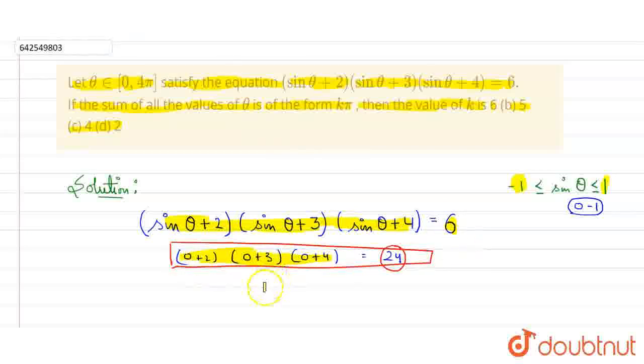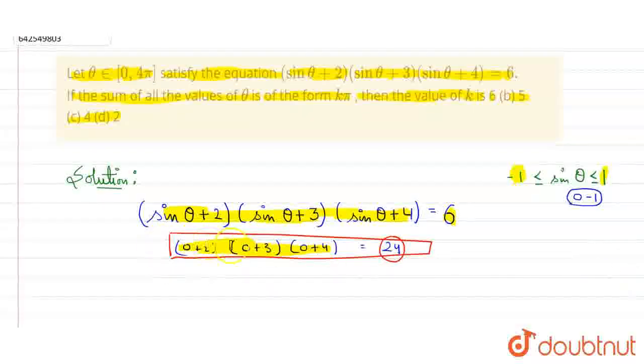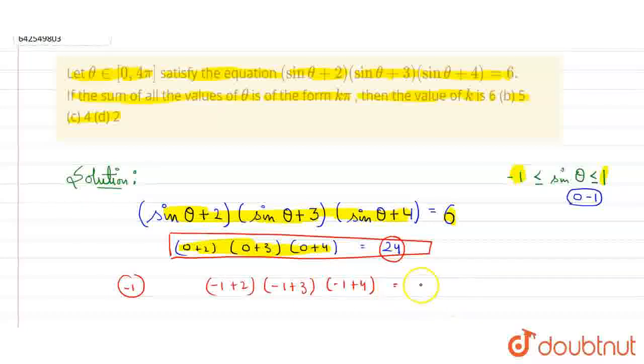So basically what I concluded from here is that my sin theta value should be less than 0. If I put 0, I am getting 24. Then if I put -1, what do I get? -1 plus 2, -1 plus 3 and -1 plus 4, which equals 1, 2 and 3, so the product is 6.